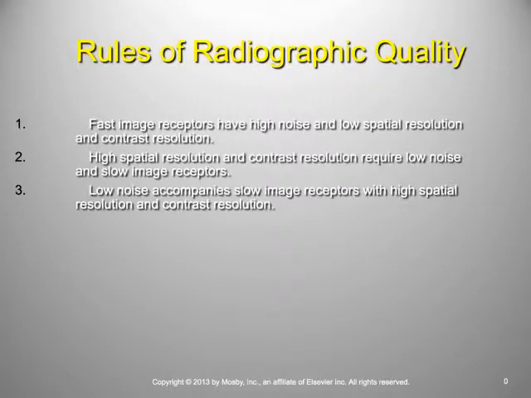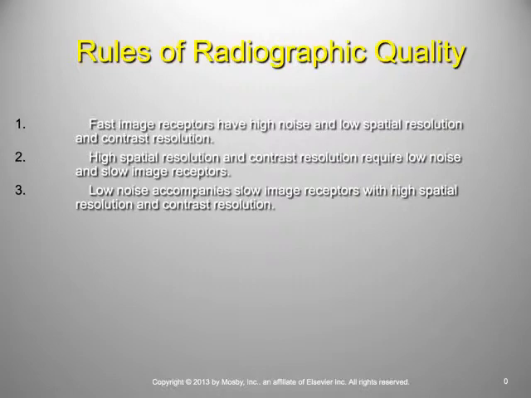So low noise accompanies a slow imaging receptor with high spatial resolution and contrast resolution. There's a lot of different ways that we can think about this graphically, right? But I want us to just think in particular about that word quality, right? Where earlier in our textbook it tells us that it is not easy to precisely define this term, right?